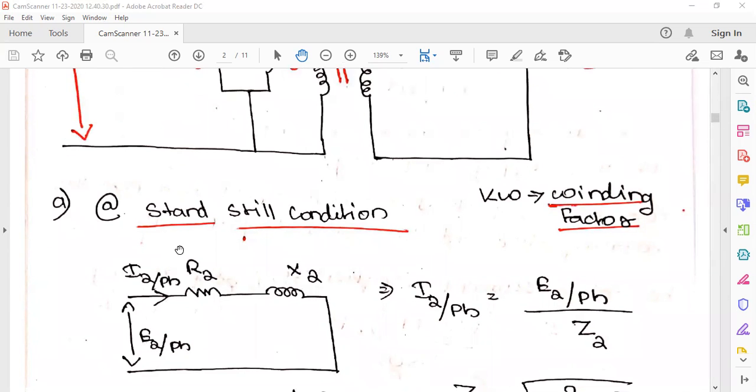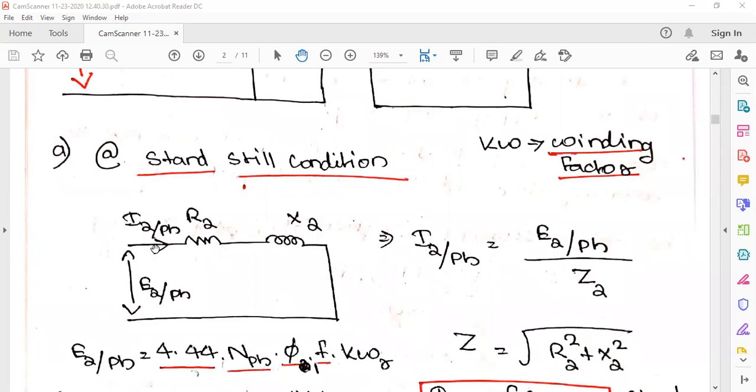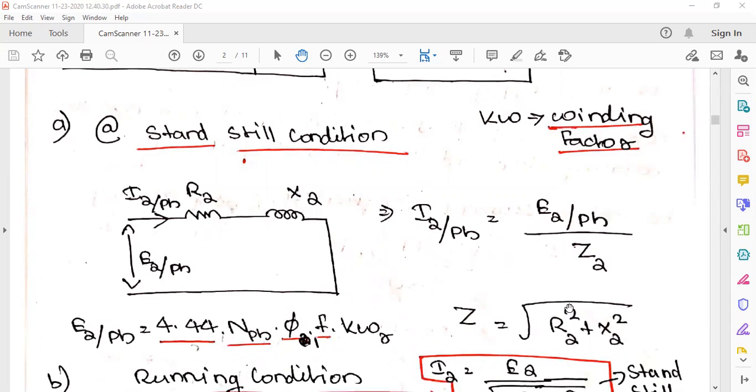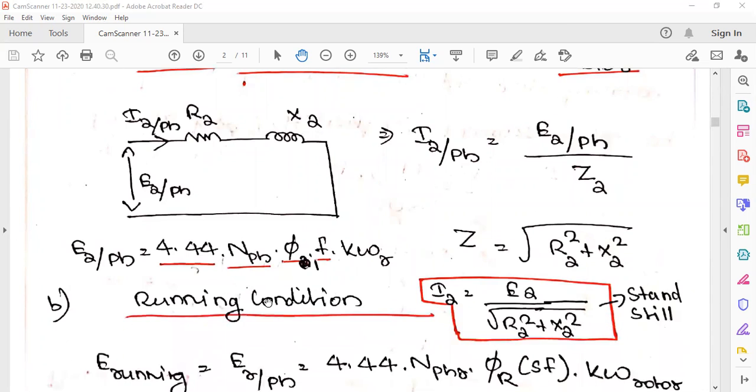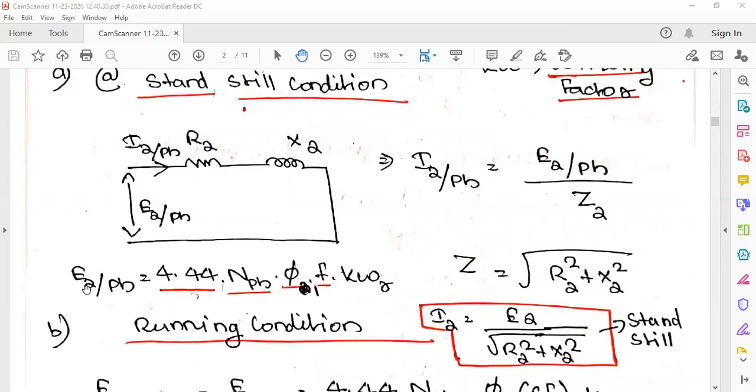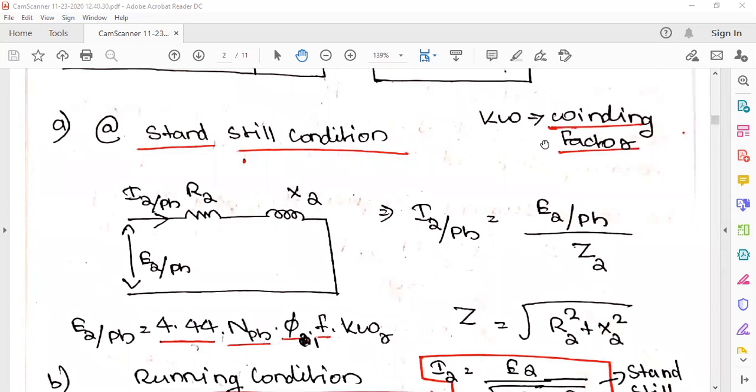At standstill condition, when the rotor is not rotating, the current will be the EMF induced in the secondary per phase divided by the total impedance, and Z is equal to the root of R2 square plus X2 square. The EMF induced in an induction machine, similar to a transformer, is 4.44 into Nph into flux into frequency into kw, where kw is the winding factor.